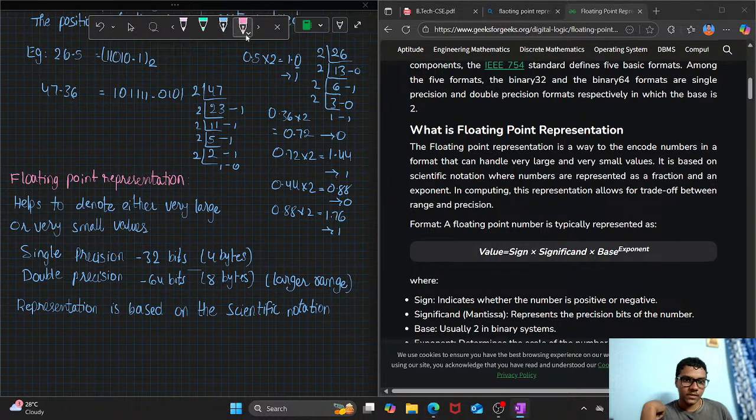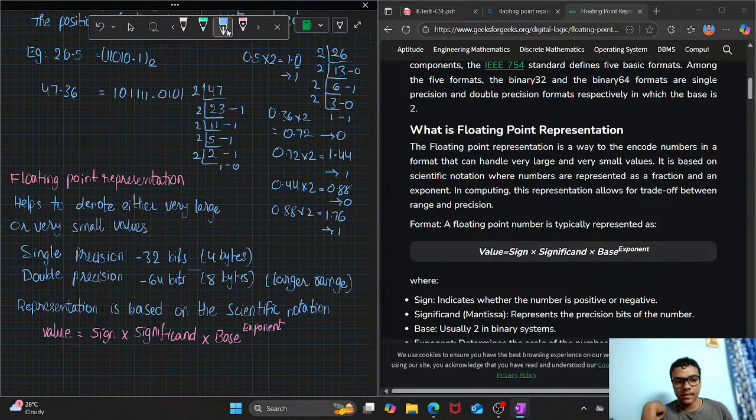So the formula is: value equals sign, which is either positive or negative, times significand or mantissa, times base to the power of exponent.